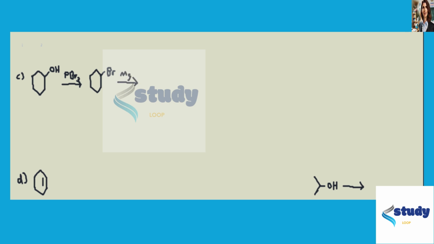And so we'll throw some magnesium in there. Okay, and so now we have this Grignard reagent and we need to add 1 carbon. And so to do that, we can use formaldehyde and then a water workup, of course.